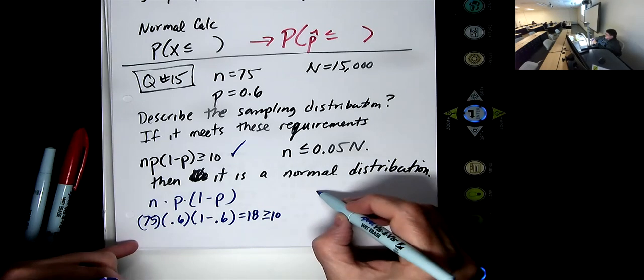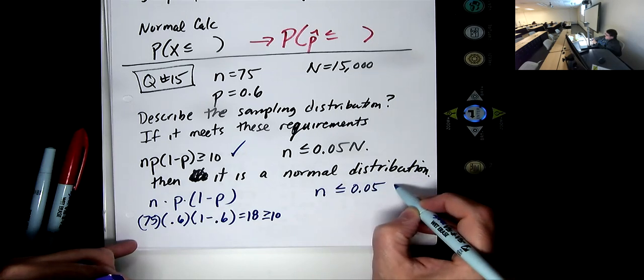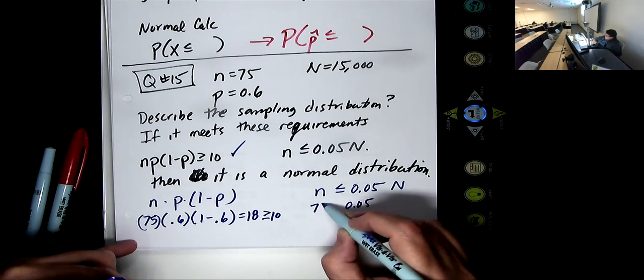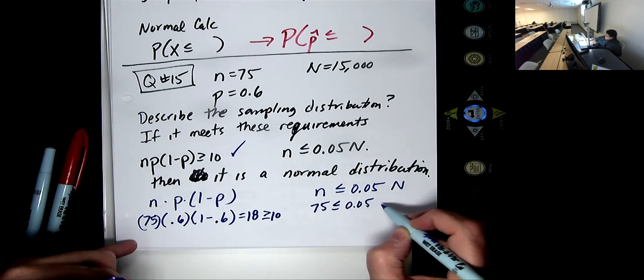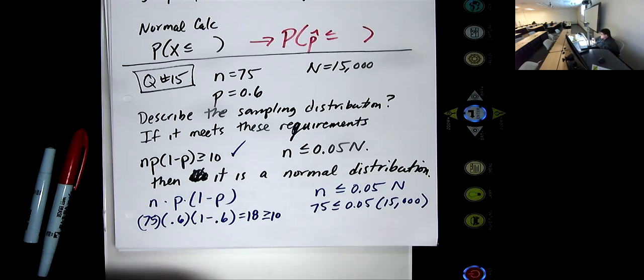Then I need to check to see if n is less than or equal to 0.05 times big N. Little n was 75, big N was 15,000. I just have to do the multiplication on the right-hand side and see what 0.05 times 15,000 is.